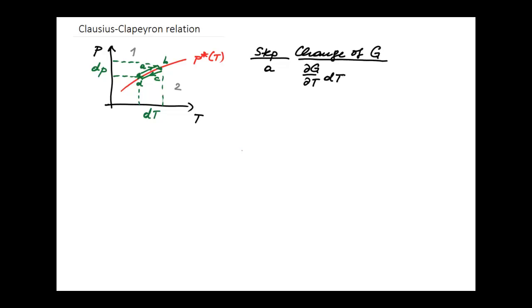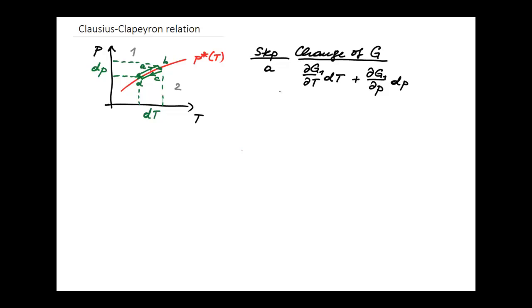And since in this first step we are still completely in phase 1, above the coexistence curve, we have to use the free enthalpy G1 that relates to phase 1. And then we have a change in pressure, so we have another contribution, the partial of G1 with respect to pressure times the variation of pressure, dP. So this is the change of free enthalpy in the first step.